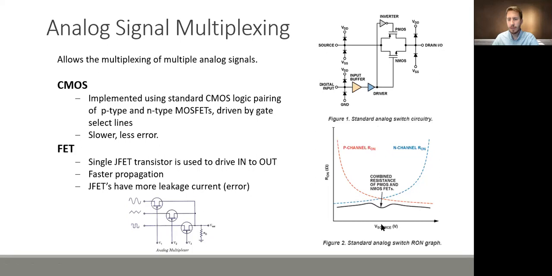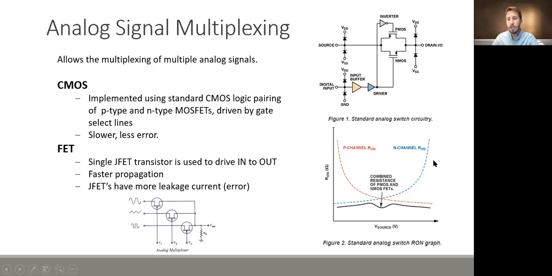I've also got this down here. This kind of shows that transistors have an R-on resistance, kind of an effective resistance of the transistors. When we're flowing voltage, as the voltage of our source goes up, we end up having this resistance of each type of transistor.